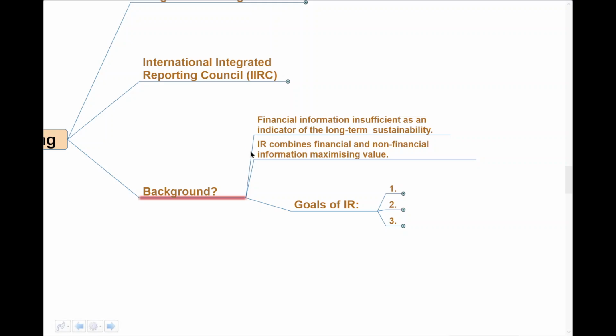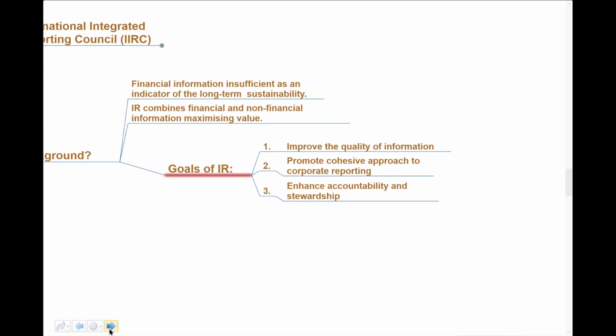So there's the first issue in terms of the creation of IR. So what does IR do? Well, it combines certainly financial information, which is obviously important to businesses, with non-financial information to really maximize value. So really what we're talking about is a document, a report that provides a lot of information really to give the user much more value about how a business creates value. So what are the goals really of IR? Well, firstly, as you would have thought, quality of information.